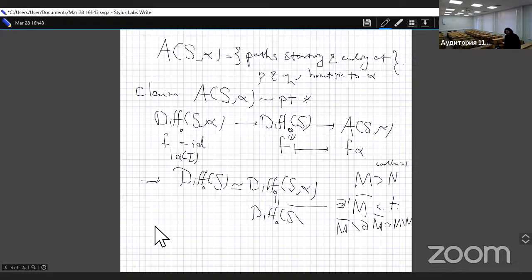The two-disk has Euler characteristic greater than 0. No, I mean, we can prove this separately. Okay, well, let's talk about it after the break. So break, 20 minutes.